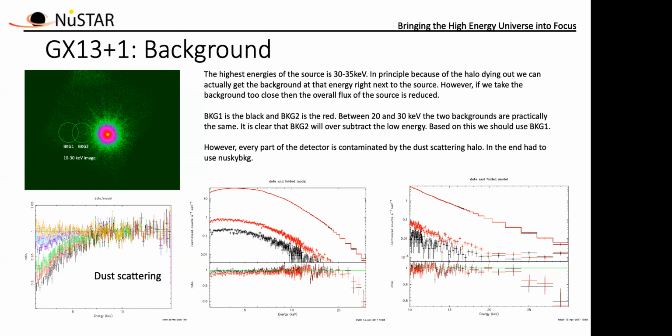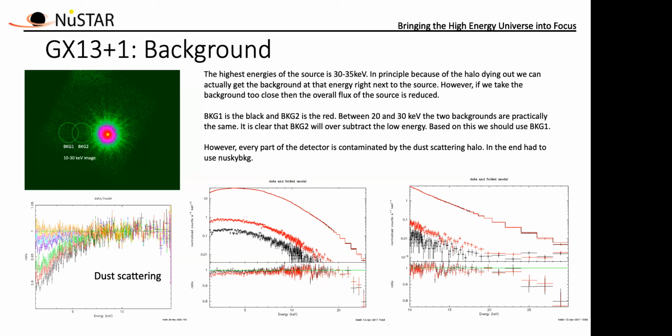So the first thing you do if you have a data set like that is go look at the background. I told you I've got this dust scattering halo, and in the plot down in the left corner, I've taken annuli. Actually, it's not an annulus, it's a circle, and I've just increased the circle and extracted the spectrum, increased it and extracted. When you plot all of them on top of each other, you can see there are more low energy photons further out in the wings than closer to the source.